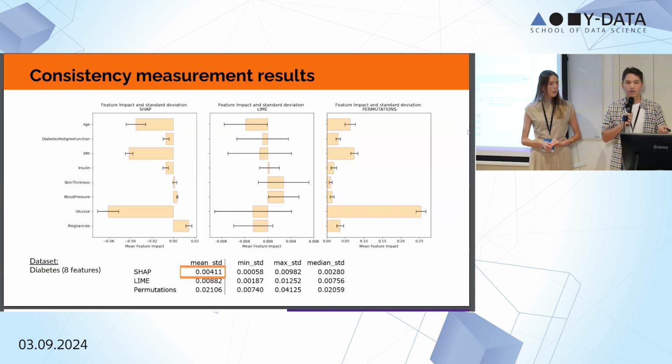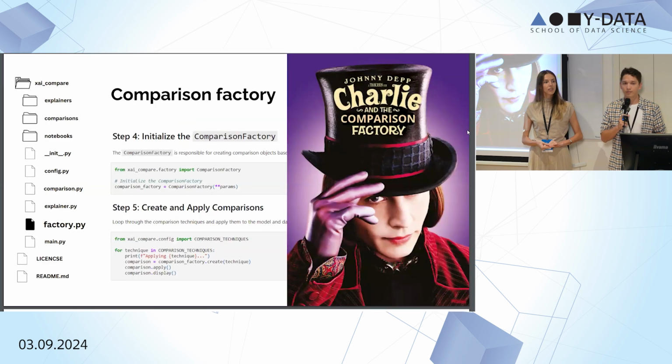Very simple. You can see our results. If you need to choose the best explainer for your particular dataset and your model, you will choose SHAP here because it has minimal standard deviation. Also, same as for explainers, we created a comparison factory with one line of code.